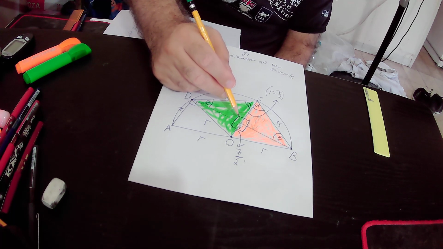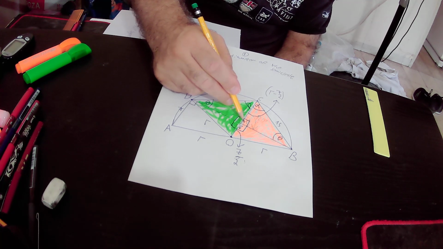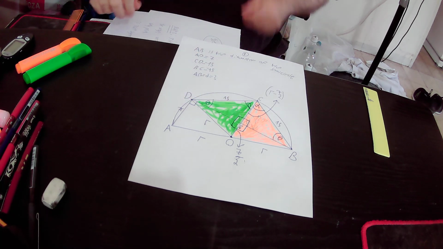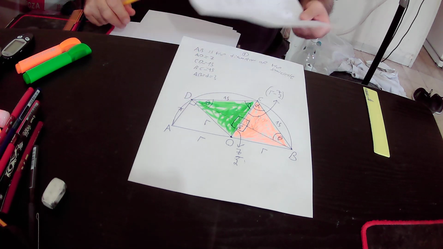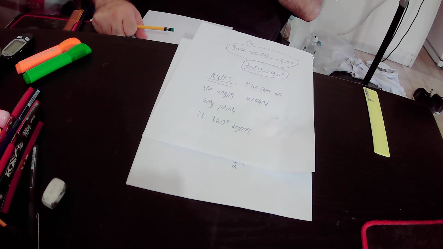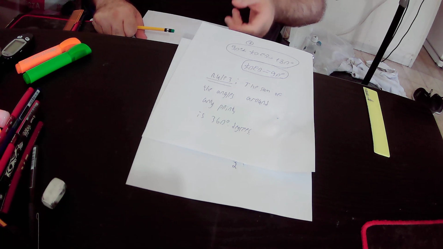So around point E we have three right angles. This is a right angle, this is a right angle, and this is also a right angle. Okay, and we have rule number 3 that states that the sum of the angles around any point is equal to 360 degrees.